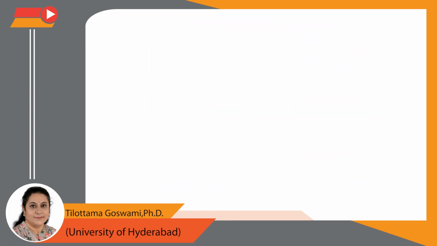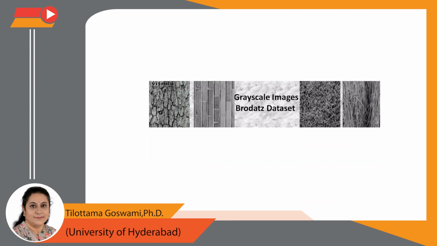Again, coming to the data sets. As we have seen in the previous lecture, for segmentation we have to take some standard data sets to perform our experiments and execute our algorithms. Similarly, for texture analysis research, there are standard data sets which can be categorized into two.